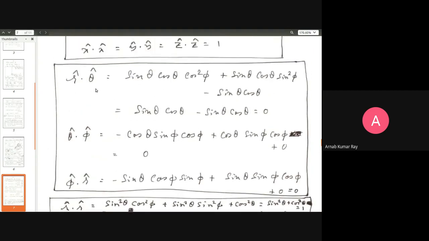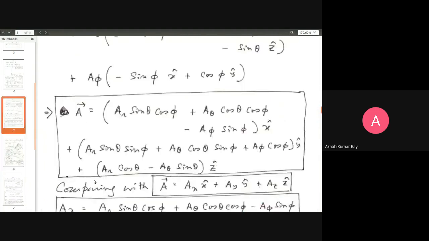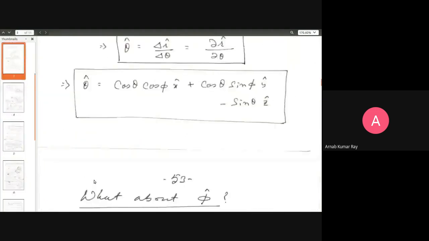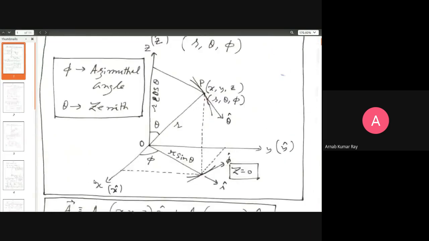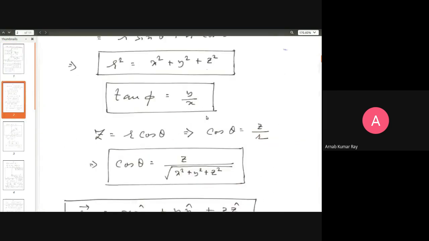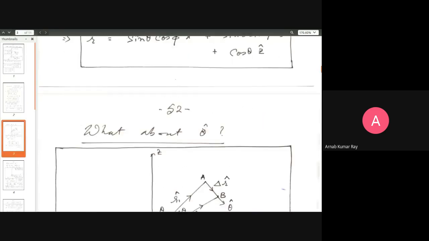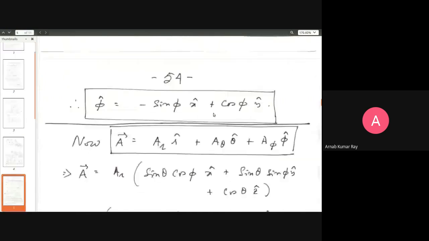So you can see r and theta are mutually perpendicular, theta and phi are mutually perpendicular, and phi and r are also mutually perpendicular, and that is what it should be if you go by what has been drawn in this diagram. R goes this way, theta goes this way, phi goes this way. So that is the direction, the radial direction of the vectors that you can get. So they are all going in 3 different directions.